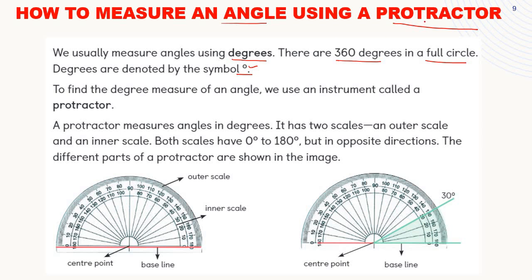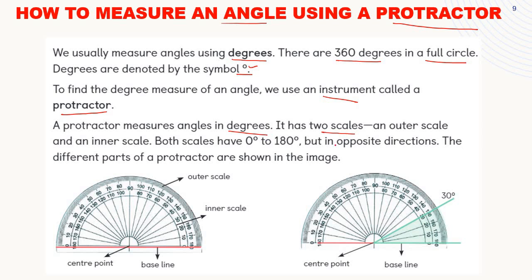Usually angles are measured with a tool called a protractor, and in a full circle there are 360 degrees, and this is the symbol of the degree. To find the degree measure of an angle, we use an instrument called a protractor. A protractor measures angles in degrees. It has two scales.